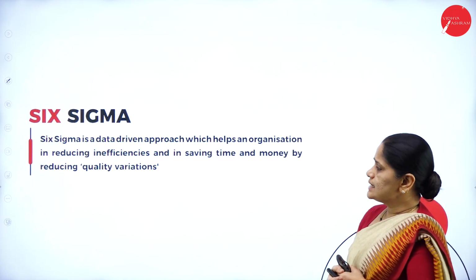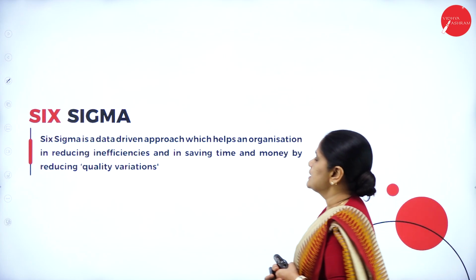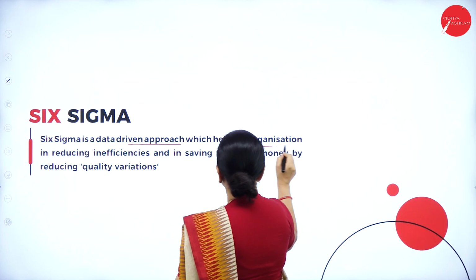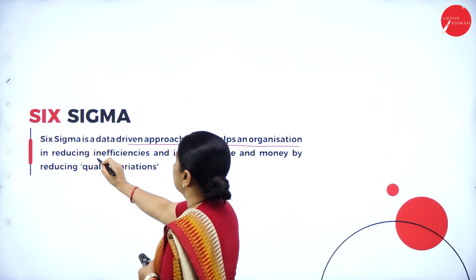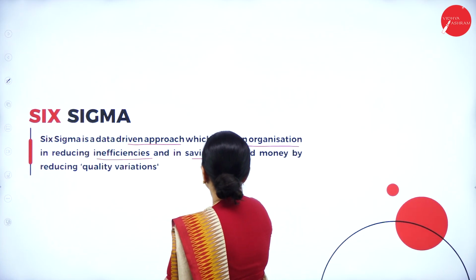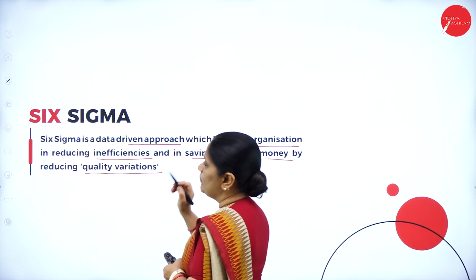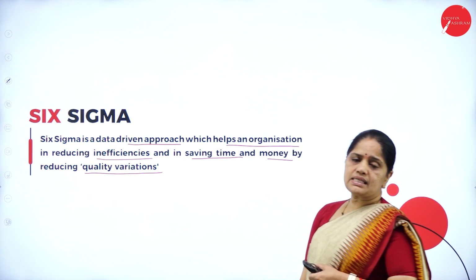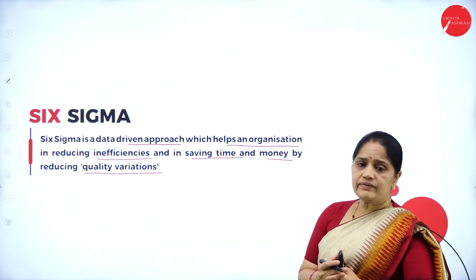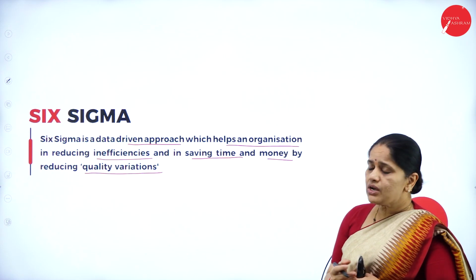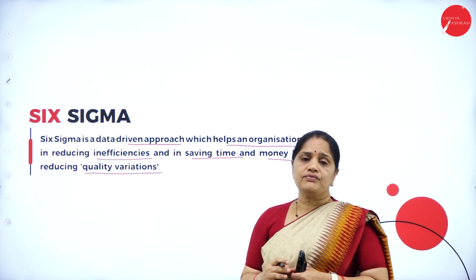Then Six Sigma. Now what is this Six Sigma? It is a data-driven approach which helps an organization in reducing inefficiencies, in saving time and money by reducing quality variations. So Six Sigma is a data-driven approach. So what is this data-driven approach? It helps an organization to reduce inefficiency.